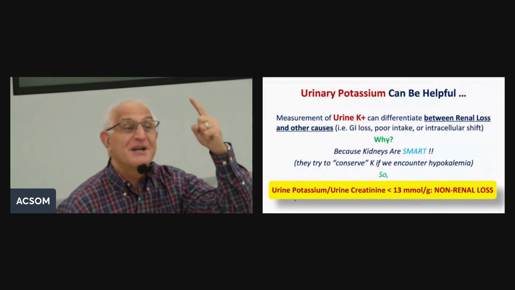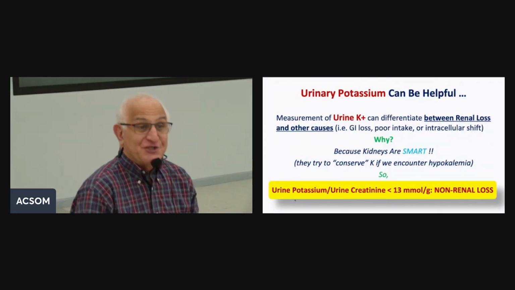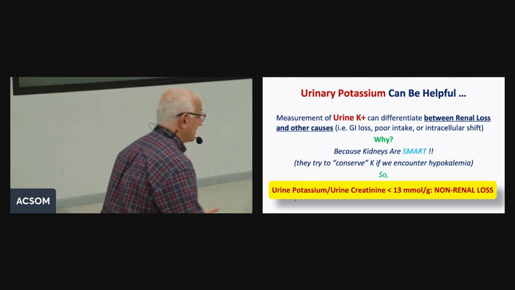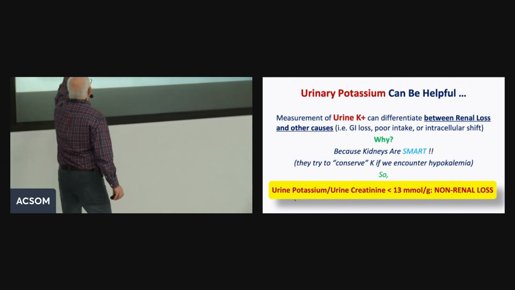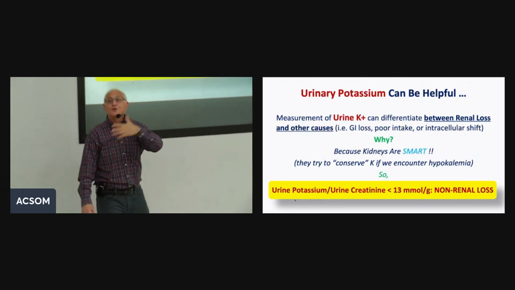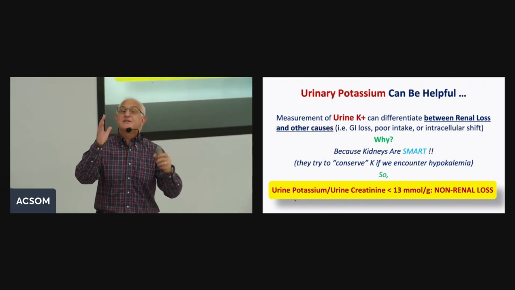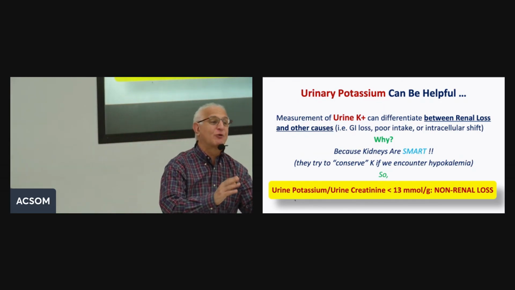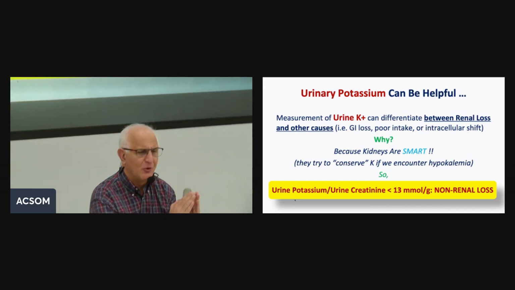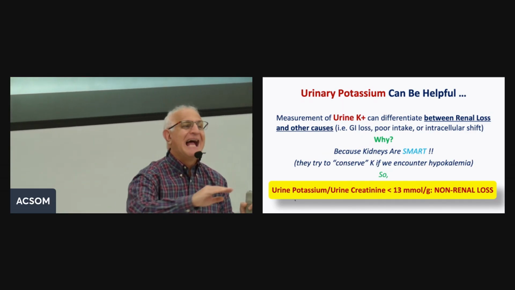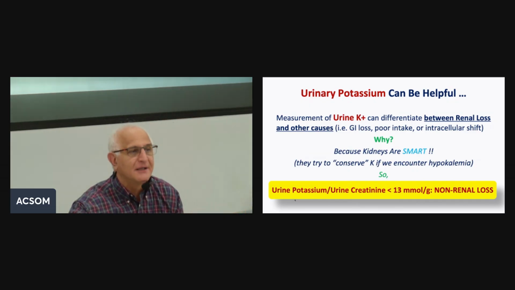So the concentration of urine changes the concentration of whatever we are checking, like urine potassium or urine sodium or urine protein or urine everything. We need something to adjust for the concentration. We need something that is, no matter what is in the urine, at a constant rate.